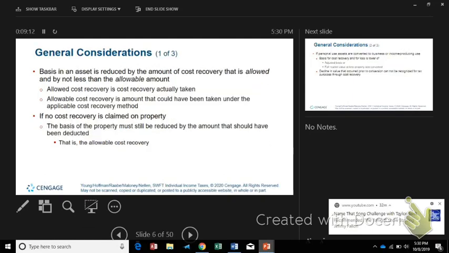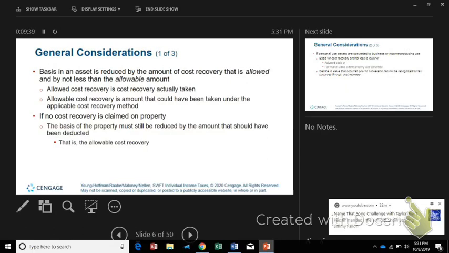All right, so general considerations are things that are called a basis. A basis in an asset is reduced by the amount of the cost recovery. So the basis is usually the amount of what the asset cost at the beginning. As you depreciate, an amount that is allowed or not allowed is going to actually reduce your basis of that asset.